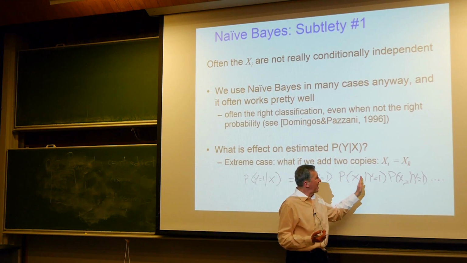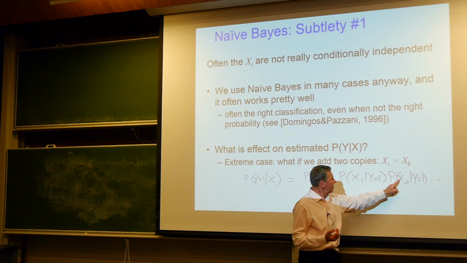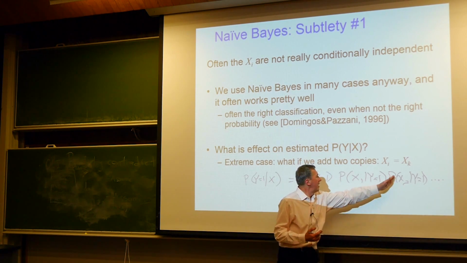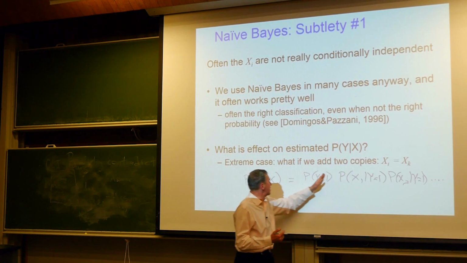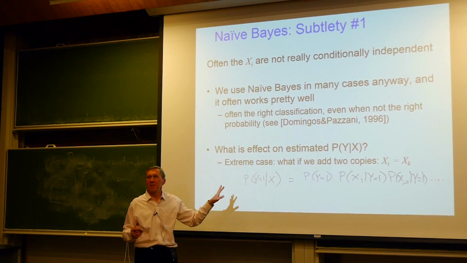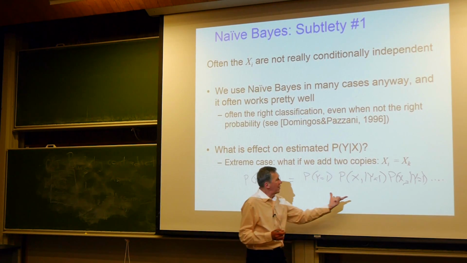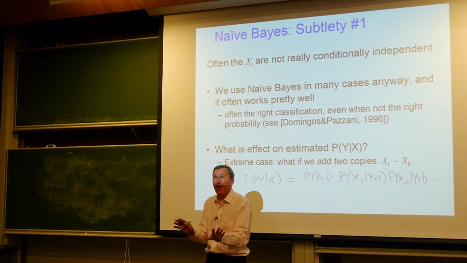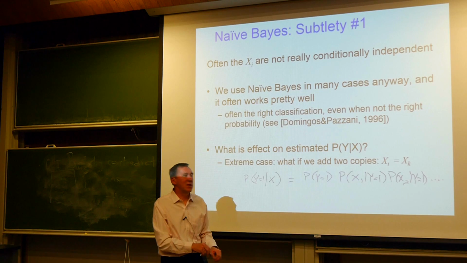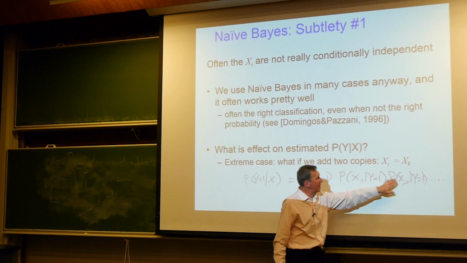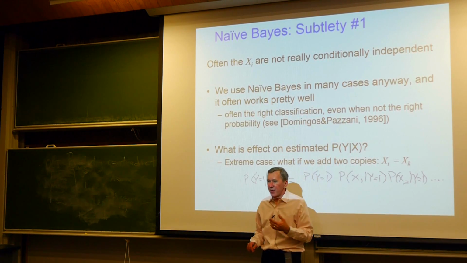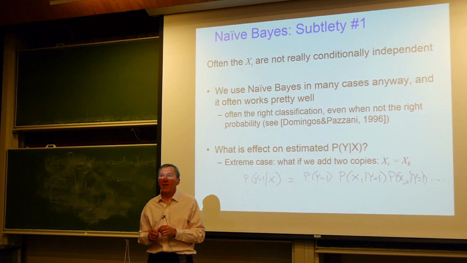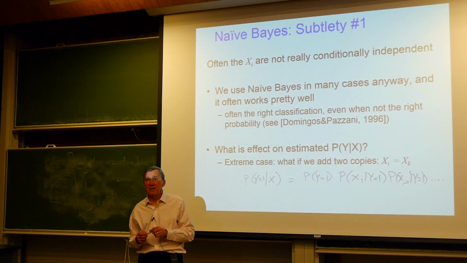If they're really independent, then each feature deserves a vote in this product, which is going to give us the final probability. But if two of those things are identical, meaning they're not conditionally independent at all, they're just one and the same variable, then we'll actually end up giving it twice the emphasis that the other variables will get.